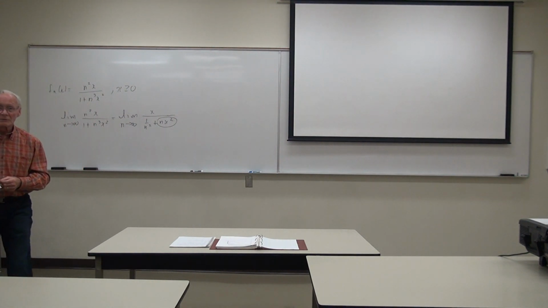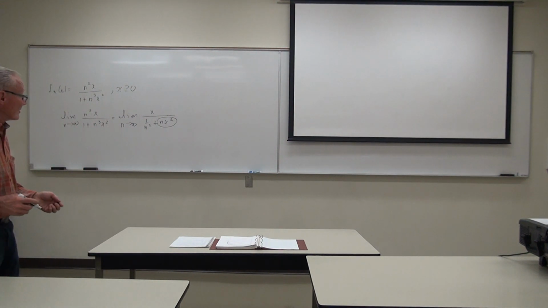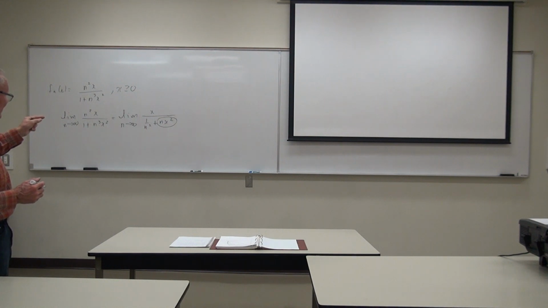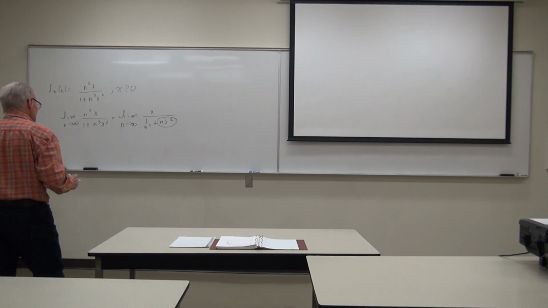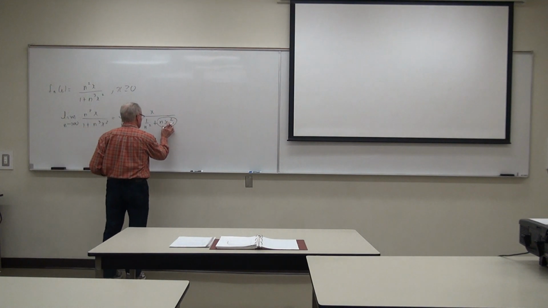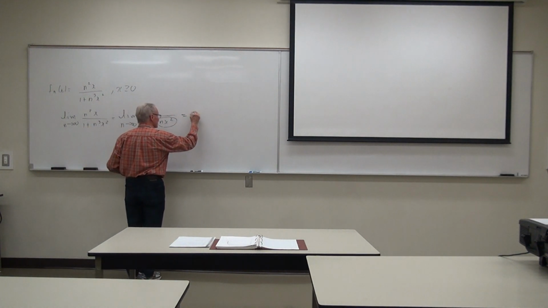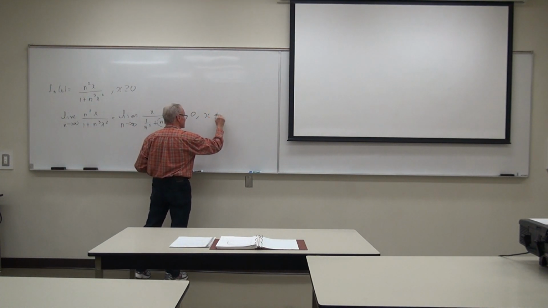Well, if n gets large, then that's going to get large. Let's pretend it's x equal to 0, so I'll come back and check that in a second. But if x is not 0, then this is going to get huge, and therefore the whole thing is going to be equal to 0.